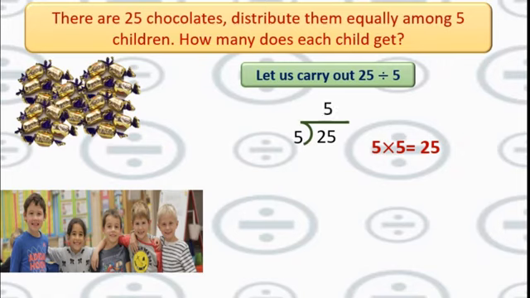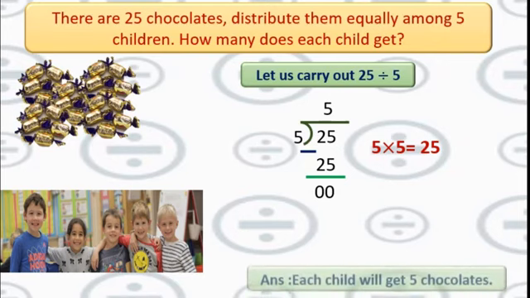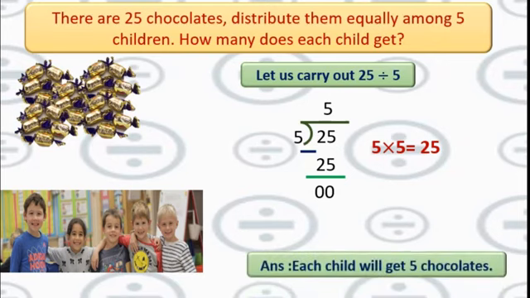So I will write 5 up as a quotient and I will write 25 below this 25. We are going to subtract this. Then what we will get? 0. This method you know. Correct? Means what is the answer here? Each child will get 5 chocolates because 5 fives are 25 and total 25 chocolates are there and only 5 children are there.